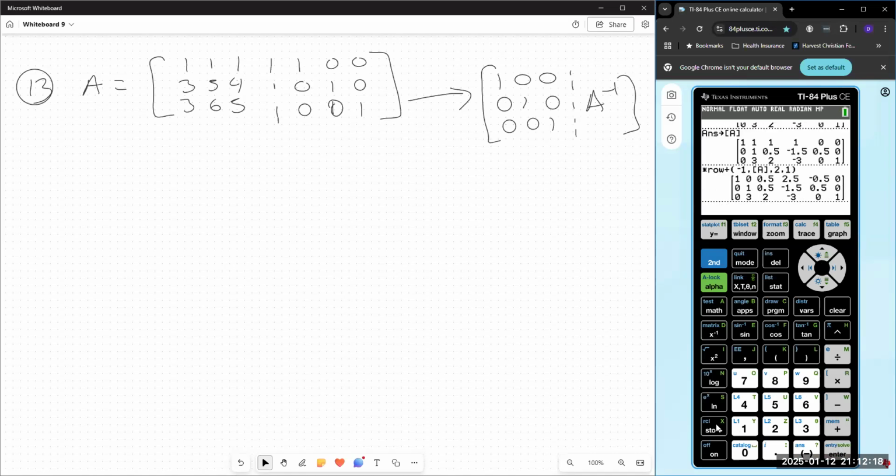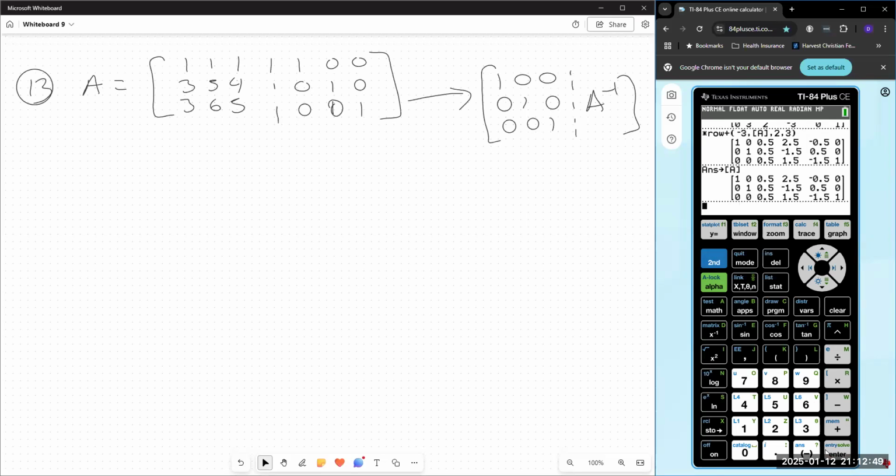And then we want to store that. And we want to take a -3 times row 2 plus row 3. And then we're going to store that.